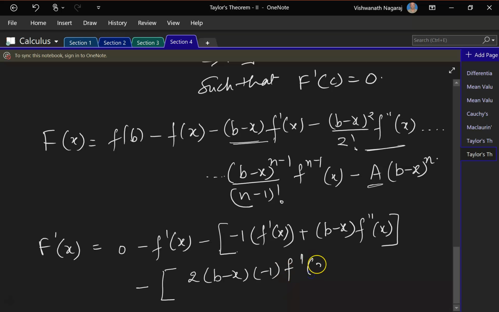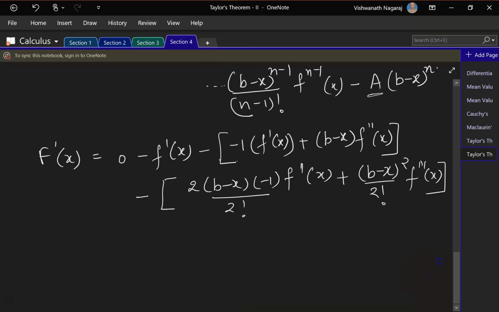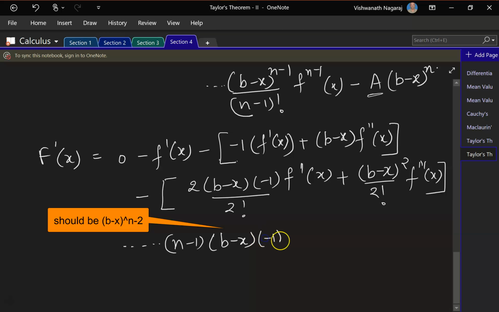f double prime of x plus b minus x square by 2 factorial, here also 2 factorial, f triple prime of x, and so on. And here we need to differentiate b minus x. So this will be n minus 1 b minus x times minus 1 by n minus 1 factorial f n minus 1 x.